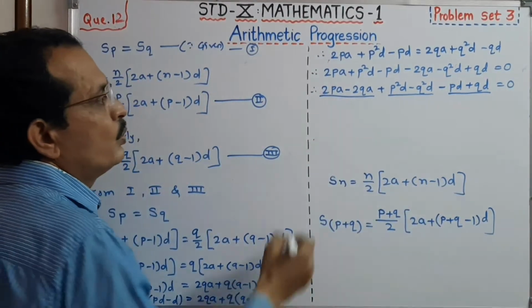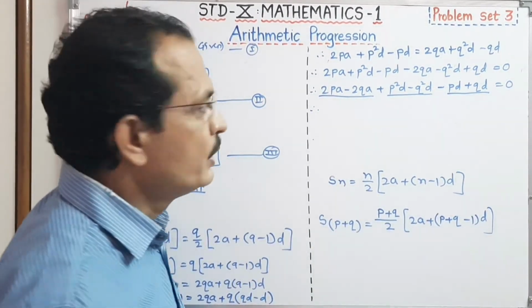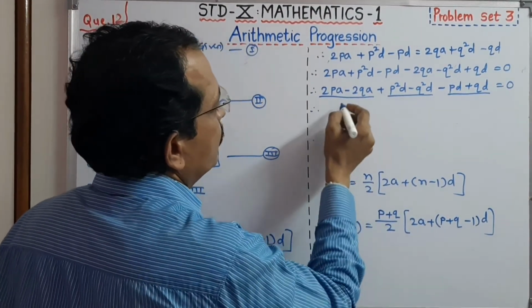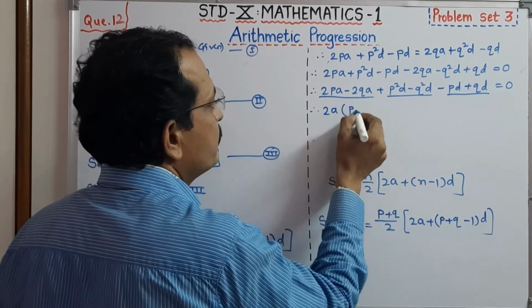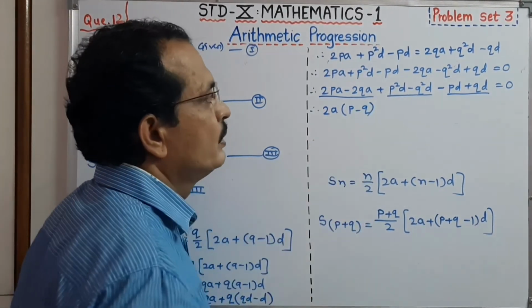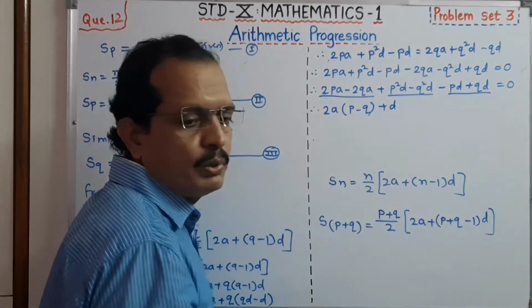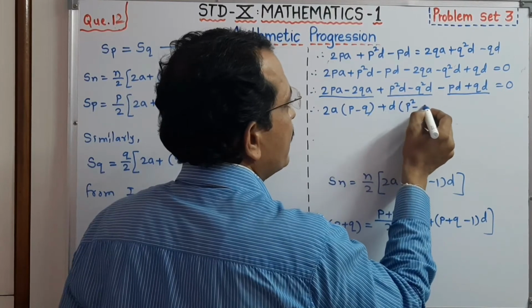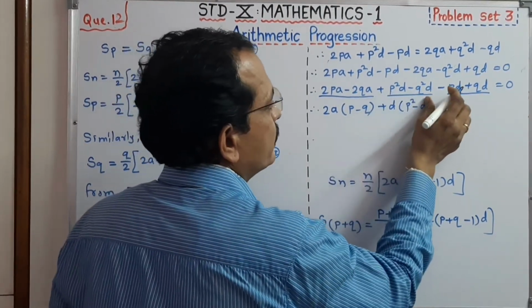Got it? Now from this we can take out a common factor. What is common? 2a, therefore it is p minus q, plus here we can take out d as a common, therefore it is p square minus q square.